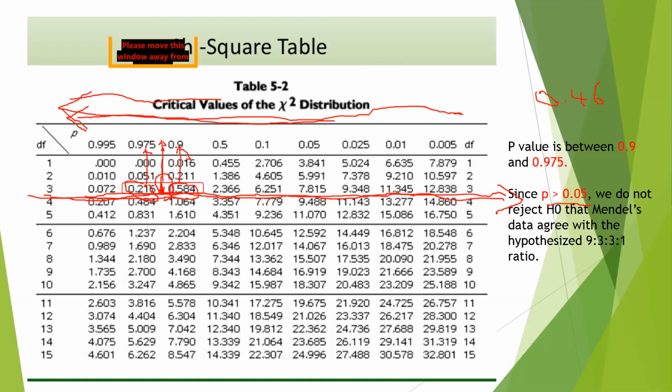In this case, since the p-value is so large, we think the model is true, or the null hypothesis is true, which means the data is following the 9:3:3:1 ratio, or you can say these two genes are independently assorted during the meiosis, right? I hope this is clear.